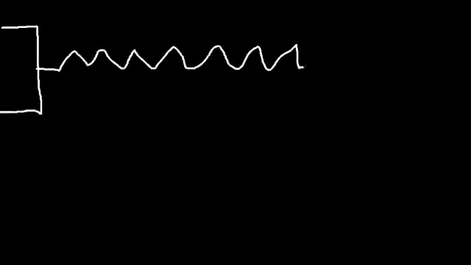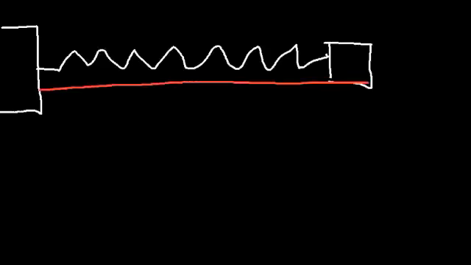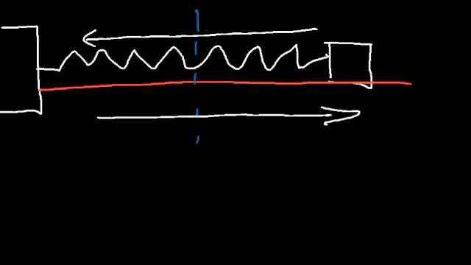Now there's something else that we need to talk about, and that is the frequency and period of this spring mass oscillator. So let's say this is the equilibrium position. Now as the spring moves to the left and as it moves back to where it started from, that is equal to 1 cycle.